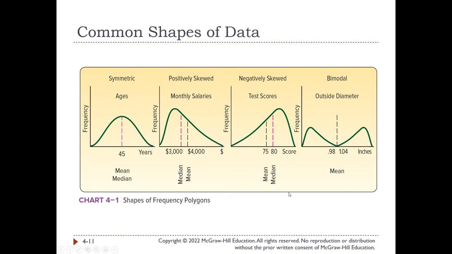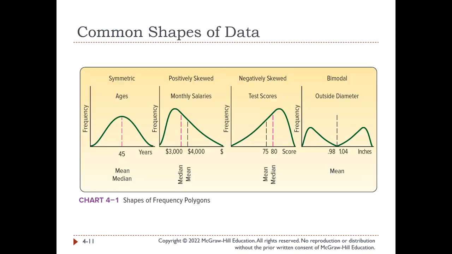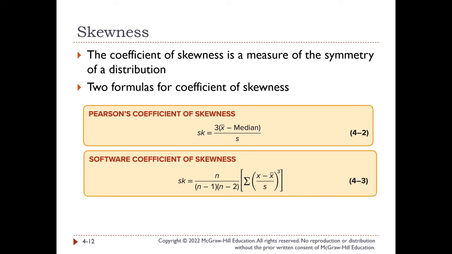Alright. Ready for some more formulas? Well, here they are. We're going to talk about how skewness actually happens. The coefficient of skewness measures the symmetry of a distribution. Two formulas for the coefficient of skewness are as follows.